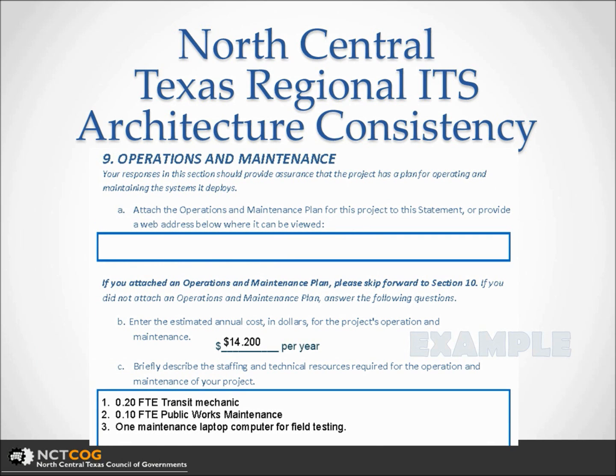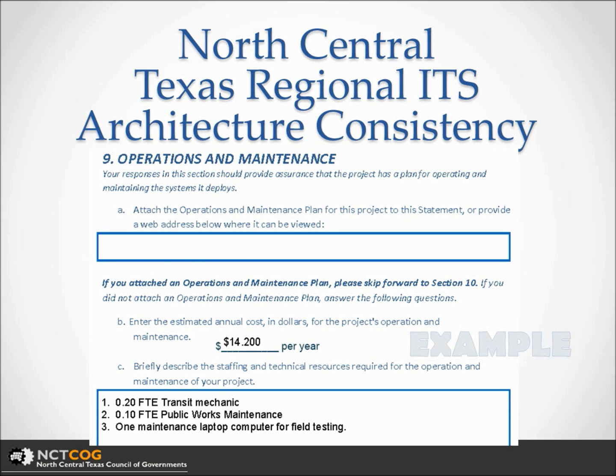Section 9 of the consistency statement asks for operations and maintenance. Again, it asks the user to attach an operations and maintenance plan for this project to the statement. In this case, the user did not have one, and instead filled out the form to explain the operation and maintenance plan.